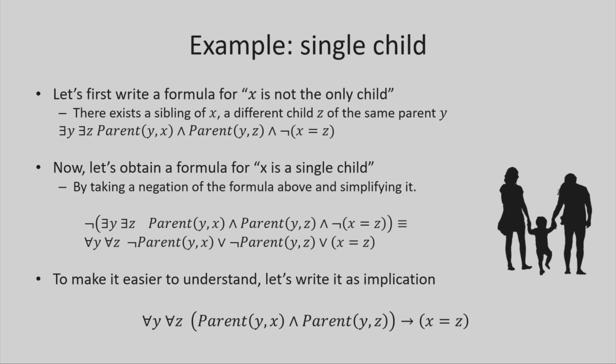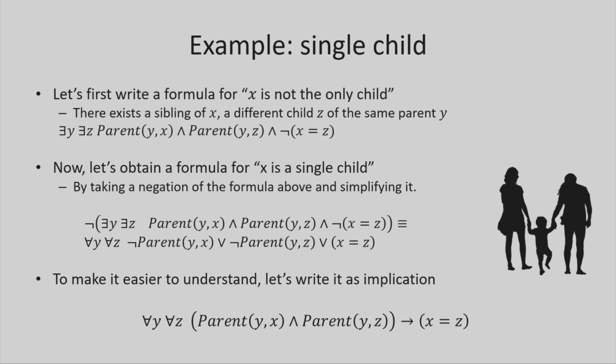One trick with those formulas is when you put in a quantifier, there is nothing a priori preventing your variables from taking the same value. X and Z can take the same value. If you want to disallow it, you need to write it explicitly as it's not true that X is equal to Z. Okay, so now that we got the formula for X has a sibling, let's just negate it to say X doesn't have a sibling, so X is the only child.